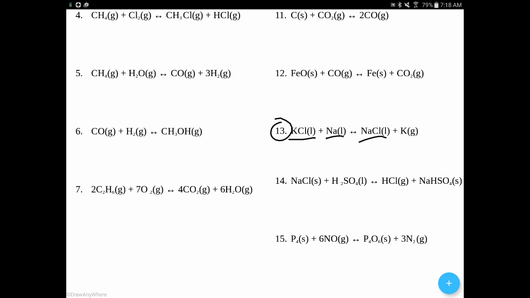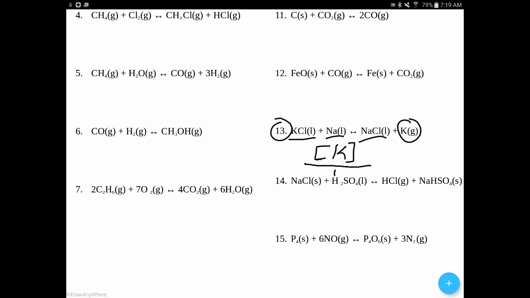So we only have one thing, our potassium, which is a gas. So the equilibrium expression is going to be concentration of K, and then it doesn't have a coefficient, so there's no exponent, and there's just going to be nothing on bottom. So you can either just leave it as concentration of K or put it over 1. Either way is correct.